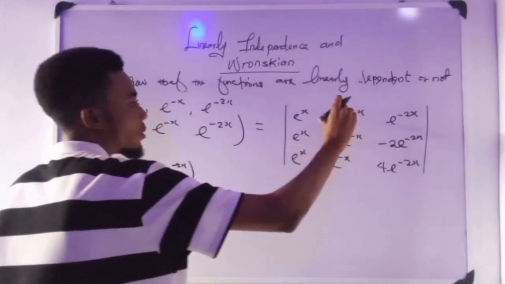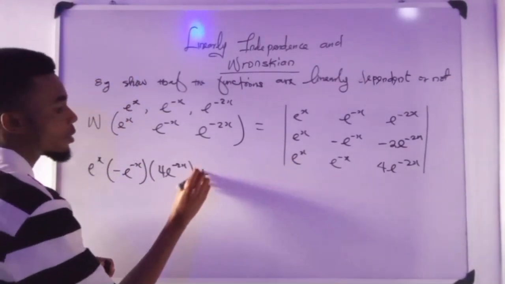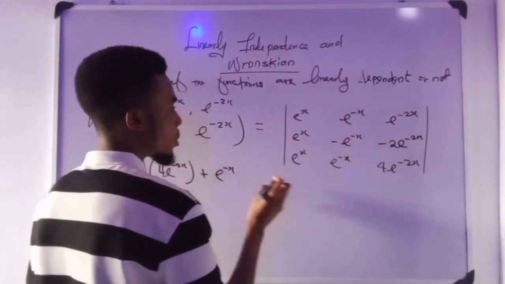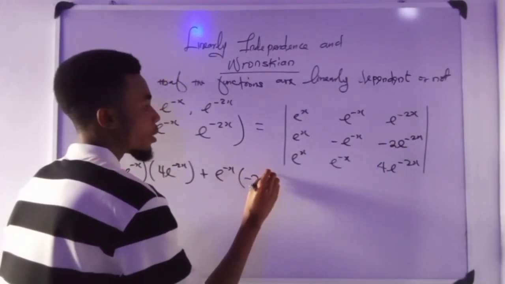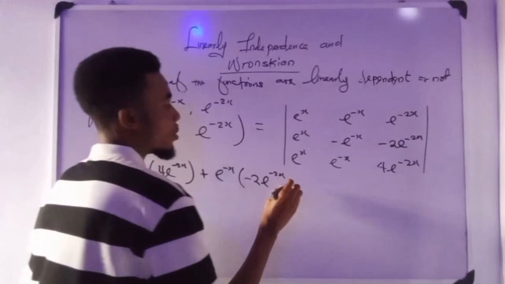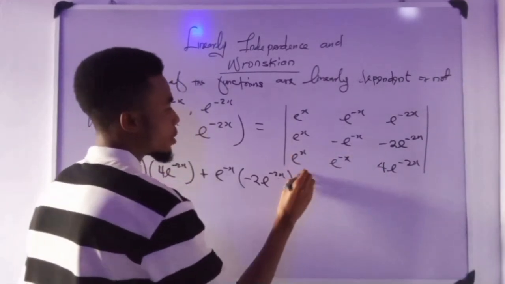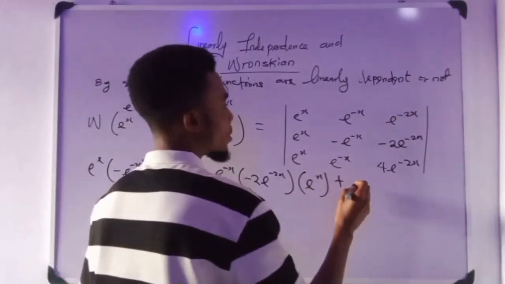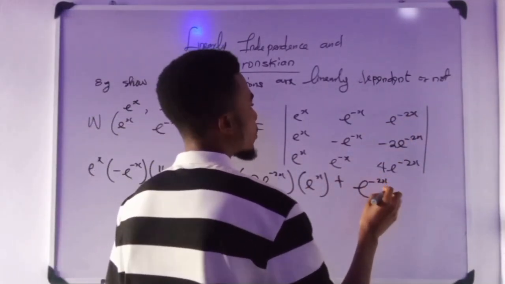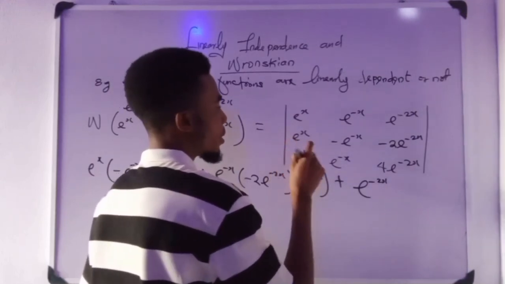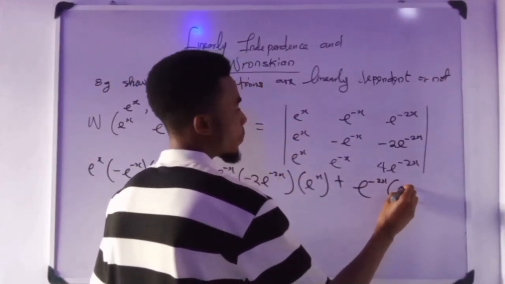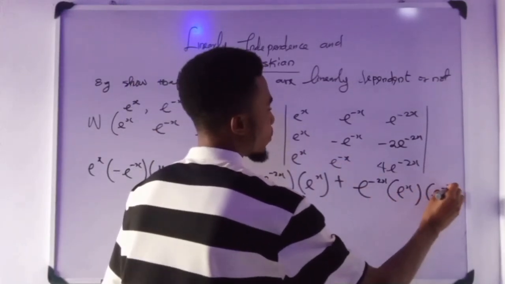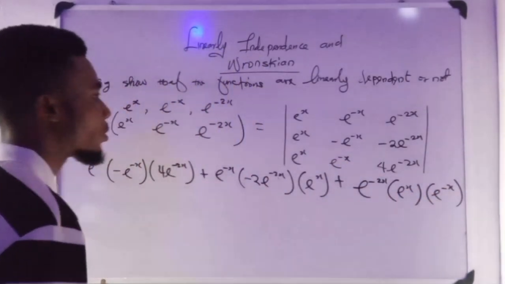Now coming down here, I have a plus exponential of minus x multiplying this, which is minus 2 exponential of minus 2x, and then multiplying this, which is exponential of x. Now plus, finally I have exponential of minus 2x multiplying this first, which is exponential of x, and now multiplying exponential of minus x. That's for the right indent.